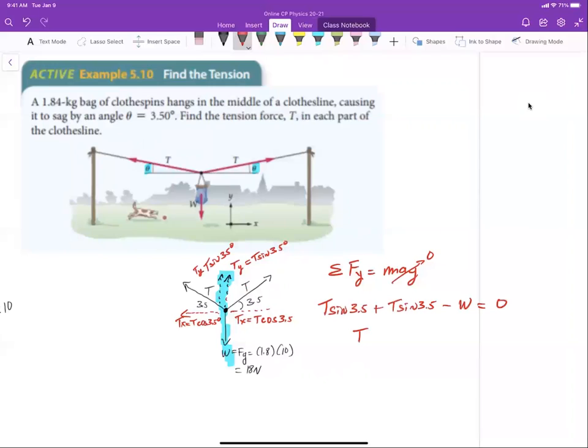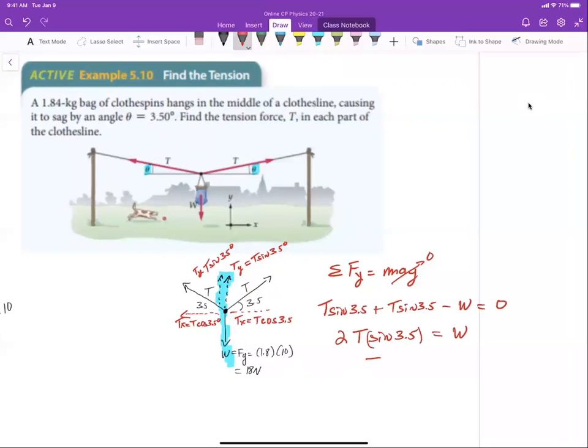So I end up with 2T sine 3.5 degrees equals W, and I solve for T. So T equals the weight of the object divided by 2 times sine of 3.5 degrees.